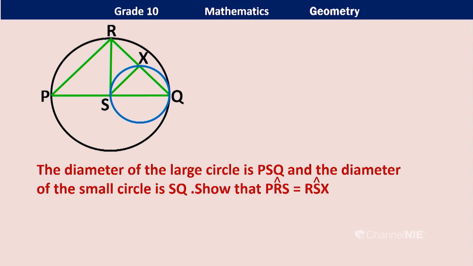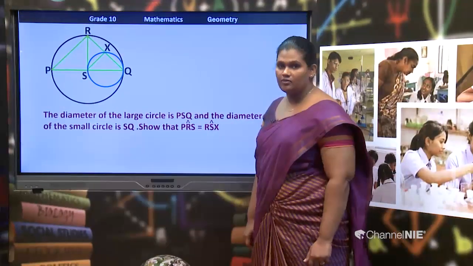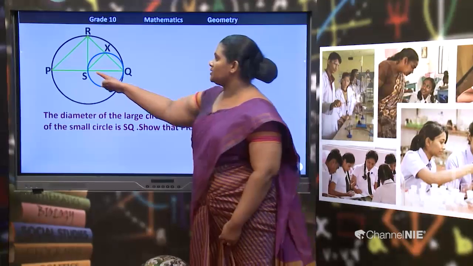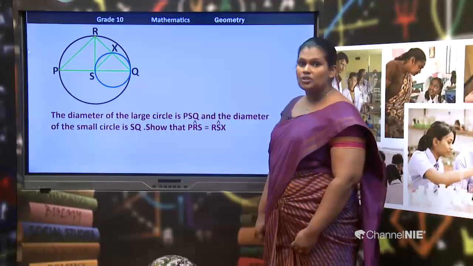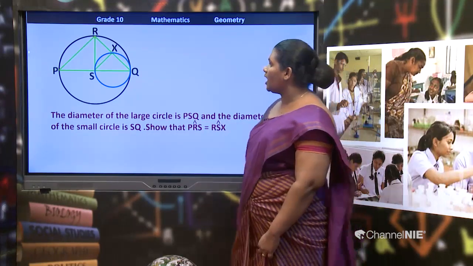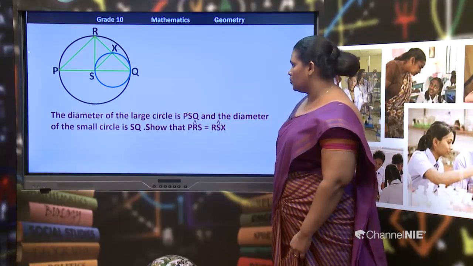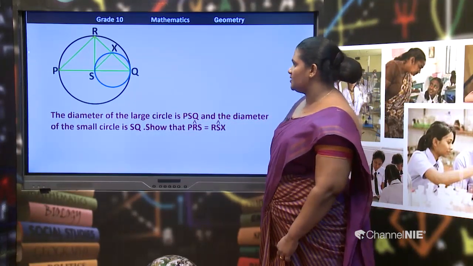First of all, we will have a look at these two diameters. PSQ, that is the diameter of the large circle. SQ is the diameter of the small circle. They are asking us to show that angle PRS is equal to angle RSX.